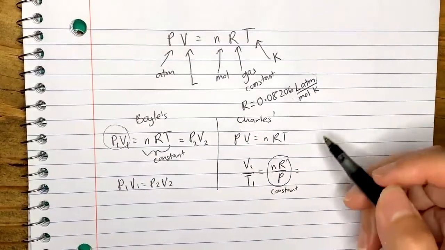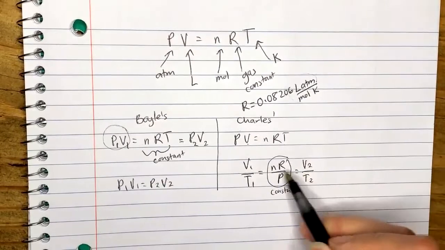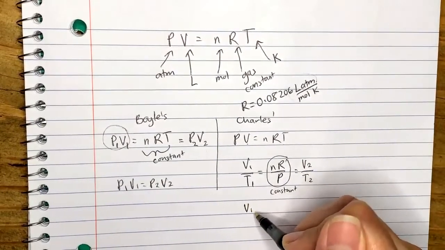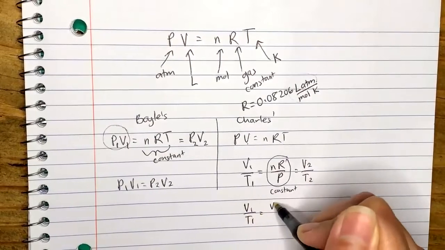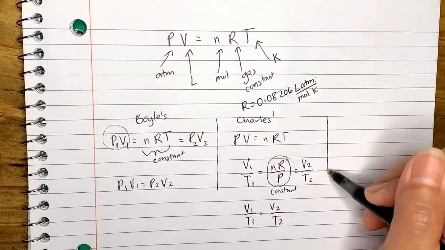So you can always say the second set of my temperature and volume is going to come back to this value as well. So we say V1 over T1 equals V2 over T2. Okay, that's how we get Charles' law.